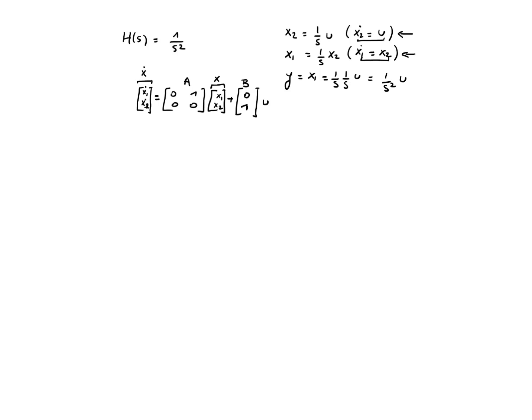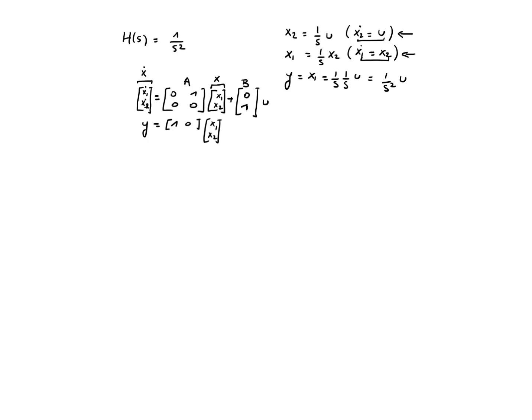And we can write the output y as simply selecting x1. So we need a 1 and a 0 over here, and we can forget about the direct feed-through, which is 0. Okay, so this is the continuous time state description.